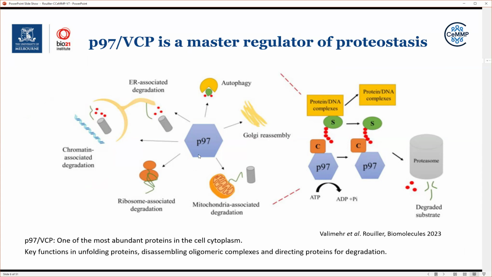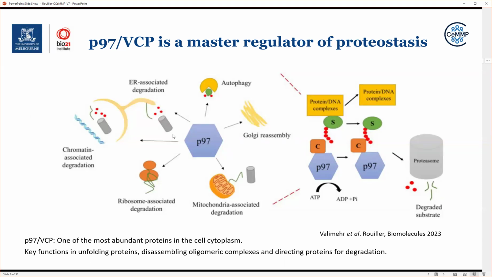P97, first of all, is one of the most abundant proteins in the cell cytoplasm, and it has been shown to be a master regulator of proteostasis. It's involved in nearly all cellular functions, from chromatin-associated degradation, to ERAD pathway, autophagy, Golgi assembly, mitochondria-associated degradation, and ribosome-associated degradation. So how does it perform all these functions as a key regulator?